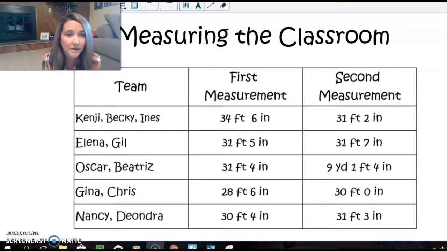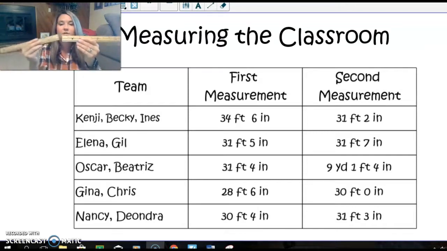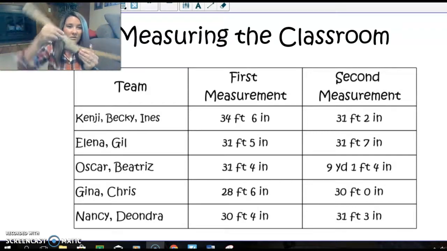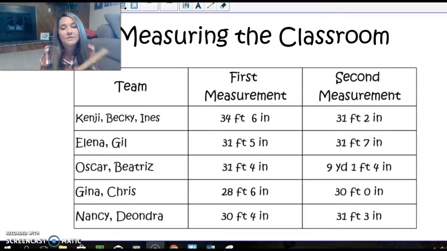And we talked about possible reasons why, that if they were measuring with a ruler, they might have left gaps or overlapped or didn't measure in a straight line and it was zigzag. So for their second measurements, we talked about trying to fix those things so that we can be precise and accurate with our measurements.